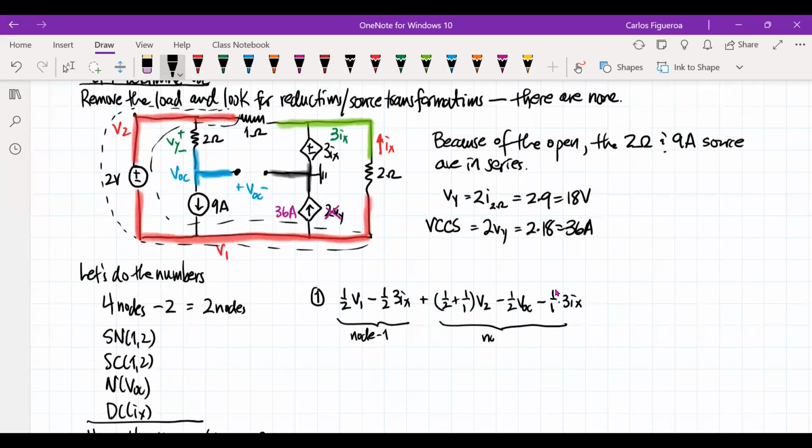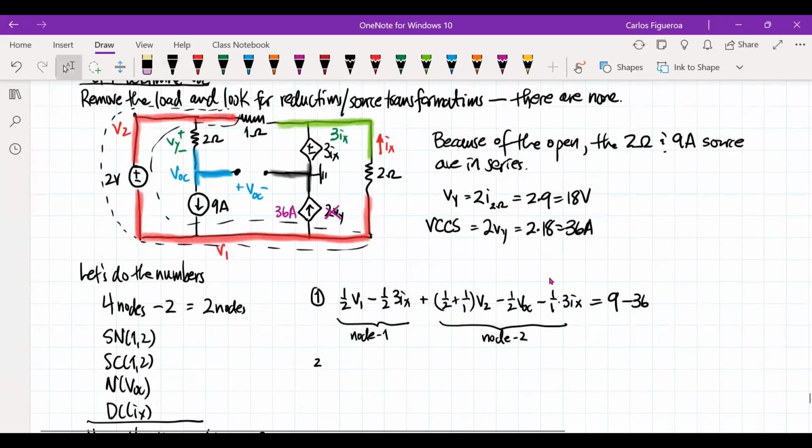And this is node 2. Now note I put a space in between that so that I'm organized in how I deal with that. So then you see that there's a 9 amp going into V1, so this should be 9. And then what other current source do I have? Note that the current source is moving out of node 1, which is 36, so then I get minus 36.